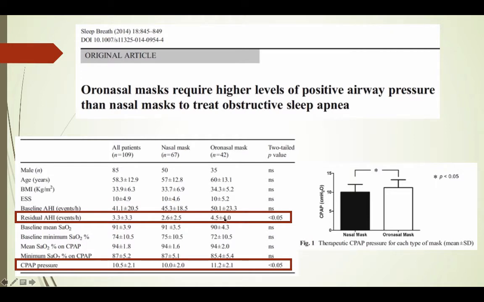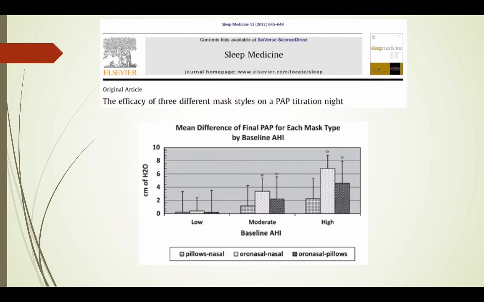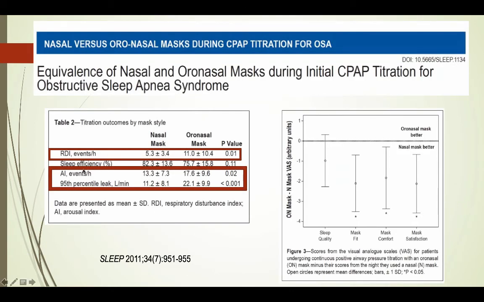That is, you may have higher AHI values reported if you put your patient on oronasal mask versus nasal mask. And if you look at the leak values, they are almost double with oronasal mask as compared to nasal mask. That means nasal mask leads to lesser leaks as compared to oronasal masks.